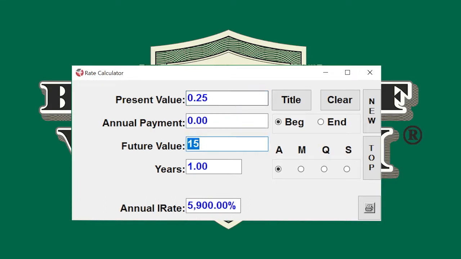And let's say that they loan money out at 3.5%, for example. What do you guys think the margin on that is? 1,300%. So as interest rates have gone lower, their profit margins have gotten higher.